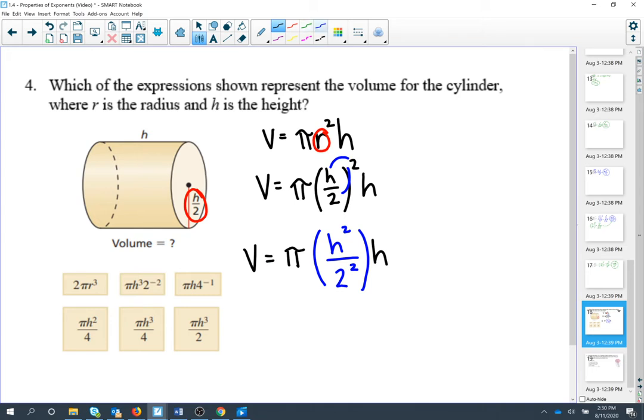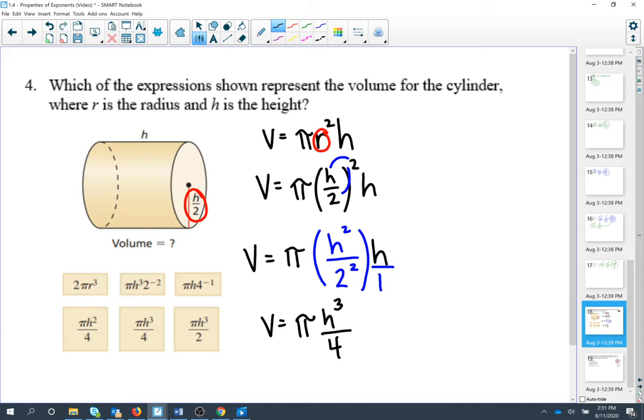From there, I'm going to look at this h, and I'm going to put it over 1, because then I have a fraction times a fraction. So if I do that, I'm going to have volume equals pi times h squared times h is h cubed over 2 squared times 1 is 4.